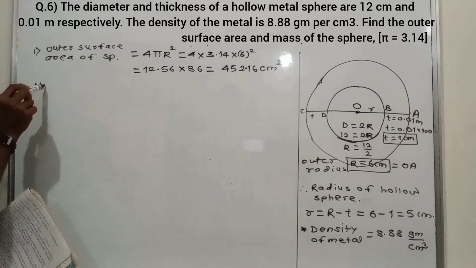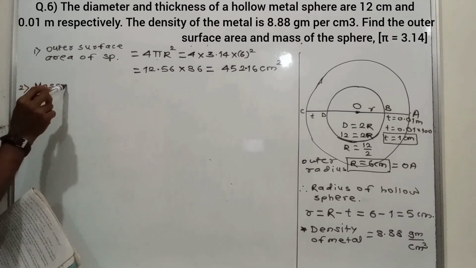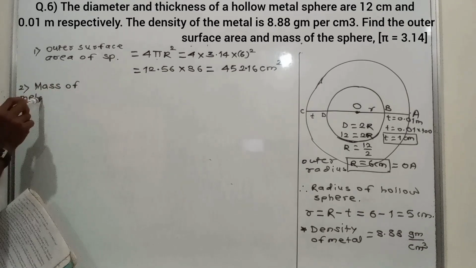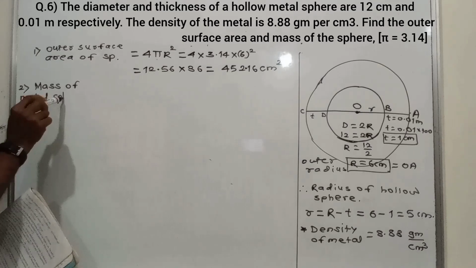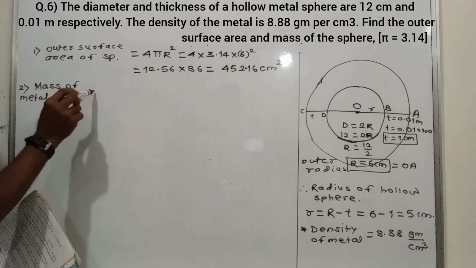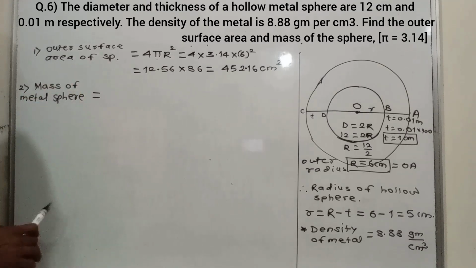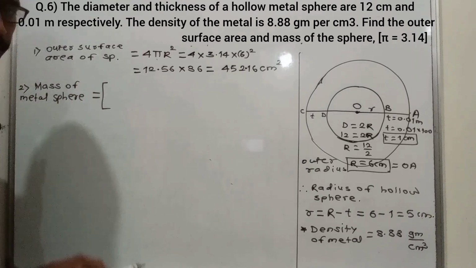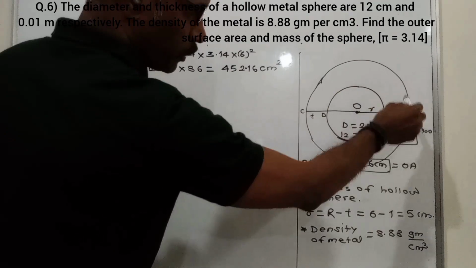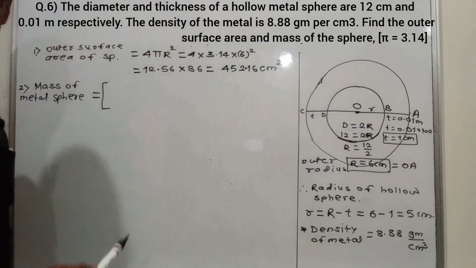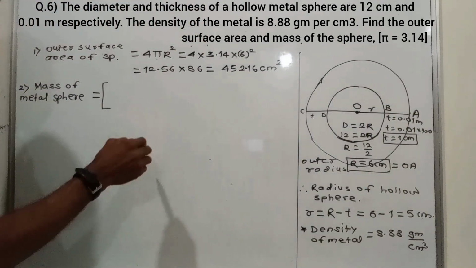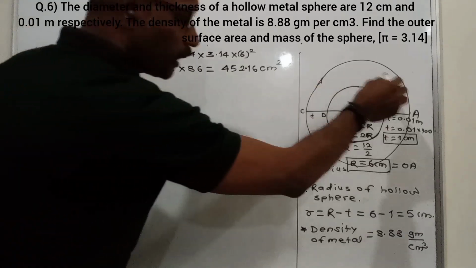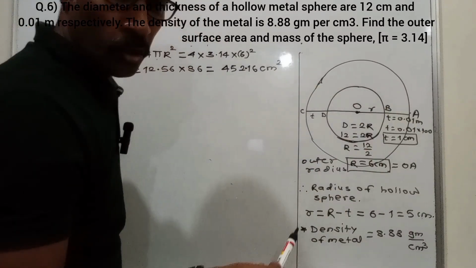Then second, what is the mass of the sphere? Means mass of metal. Mass of metal sphere. See carefully. Mass means we want only metal, volume of metal into density. Volume of metal required.